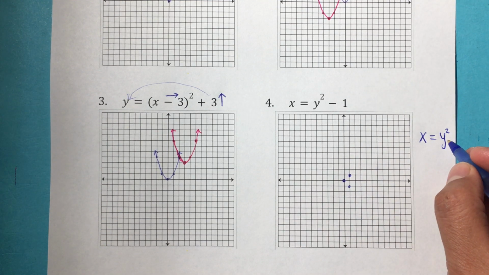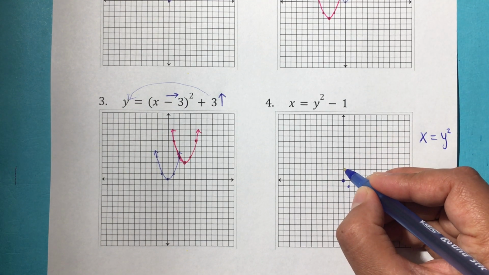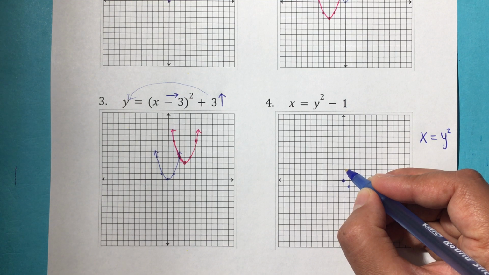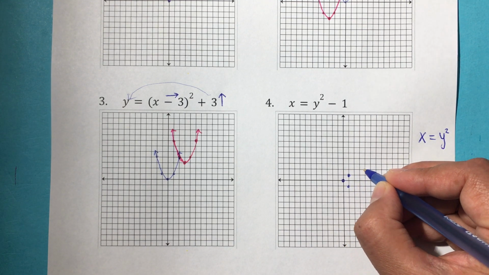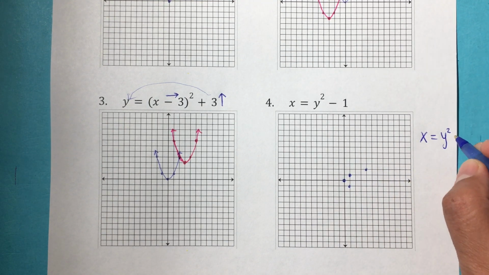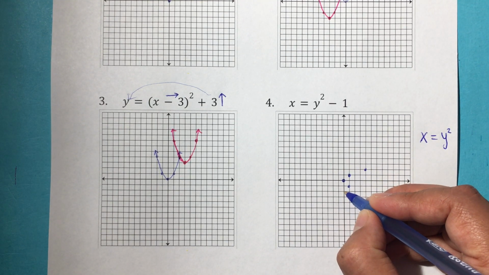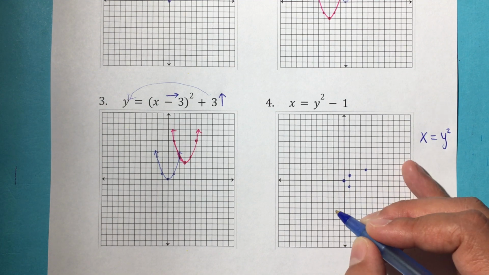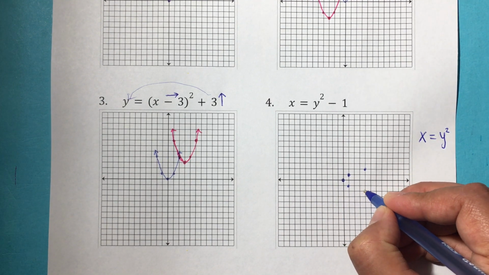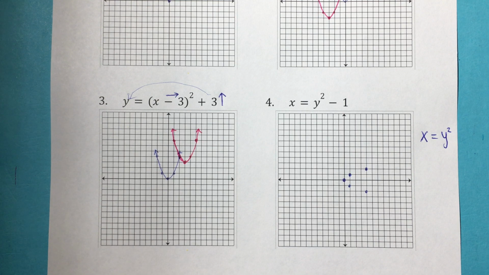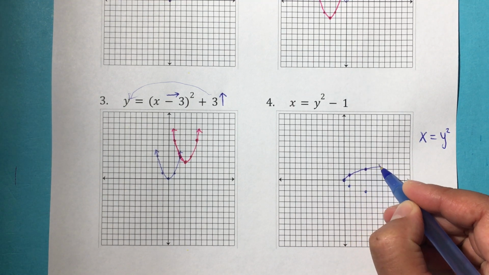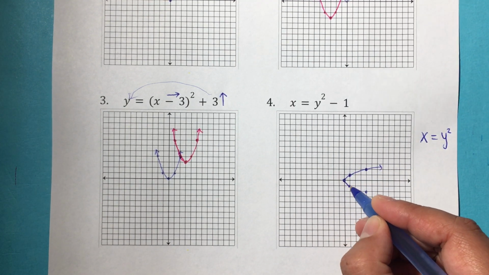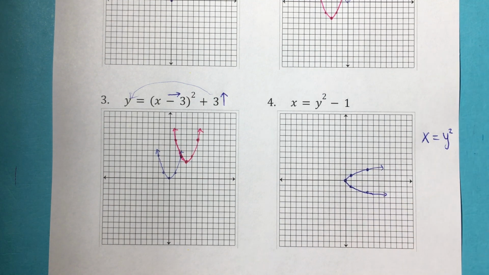If y is 2, 2 times 2 is 4 for x, so the x is 4 and the y is 2. And if y is negative 2, negative 2 times negative 2 is positive 4, so the value for x is going to be positive 4. Again, if you need to reaffirm that, you can just go ahead and watch 11.4 first. So that's our mother graph for this one, right?